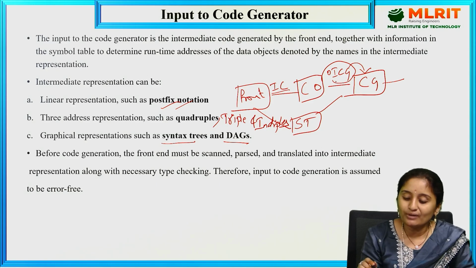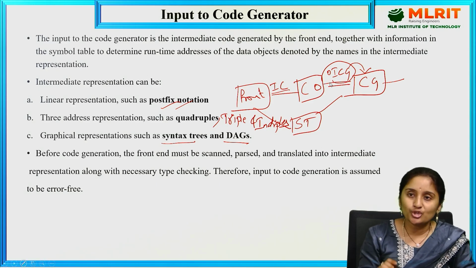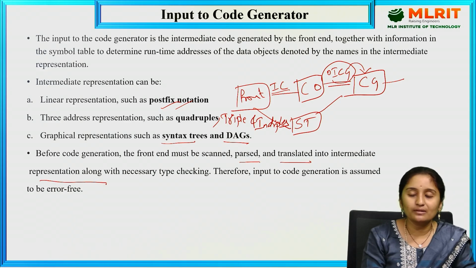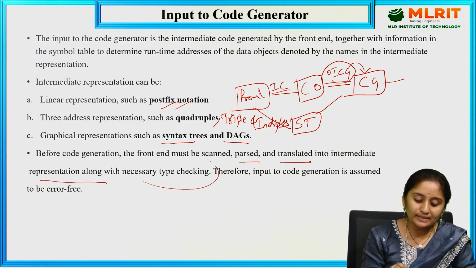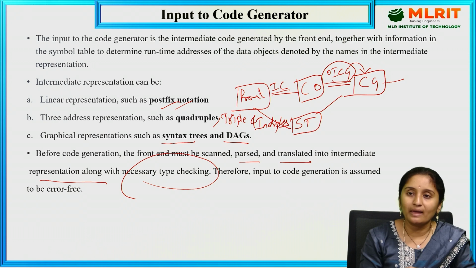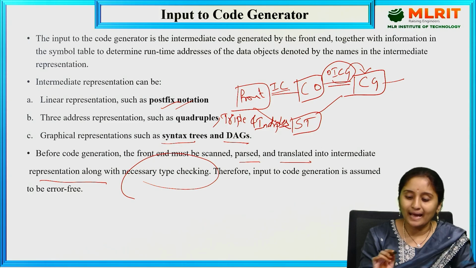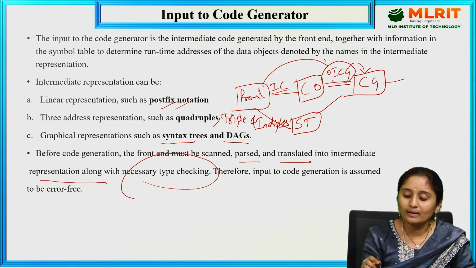Before giving this optimized intermediate code as an input to the code generator, it should be error free. It should be scanned, parsed and translated into intermediate representation, checking all the type checkings and whether it is error free or whether any errors are still there; all the syntactical errors will be checked, and then it is given as the input to the code generator.